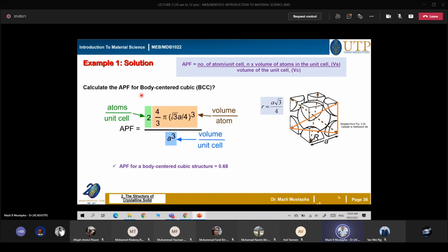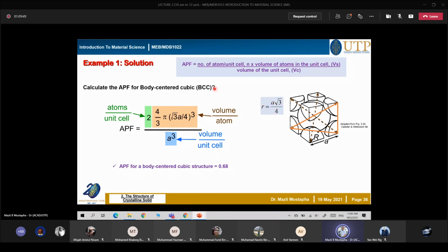So for body center cubic, again we know that the number of atoms is 2. I hope that everybody agrees. And then for our 4/3 πr³, but this time the r is different from the simple cubic or the face center cubic. We have shown before that r is related to a by square root of 3 over 4.